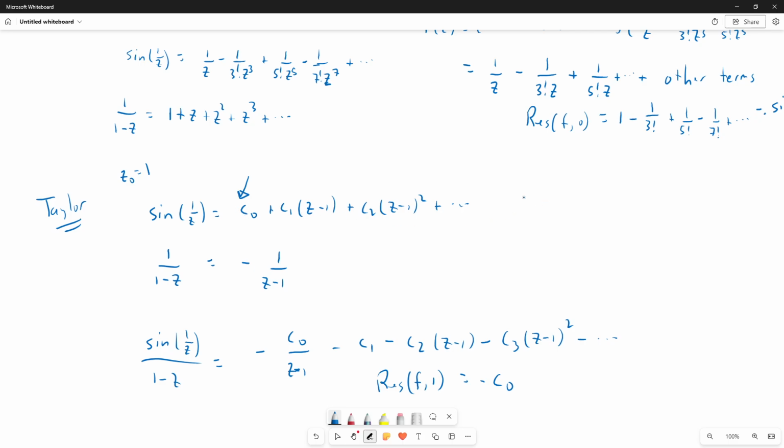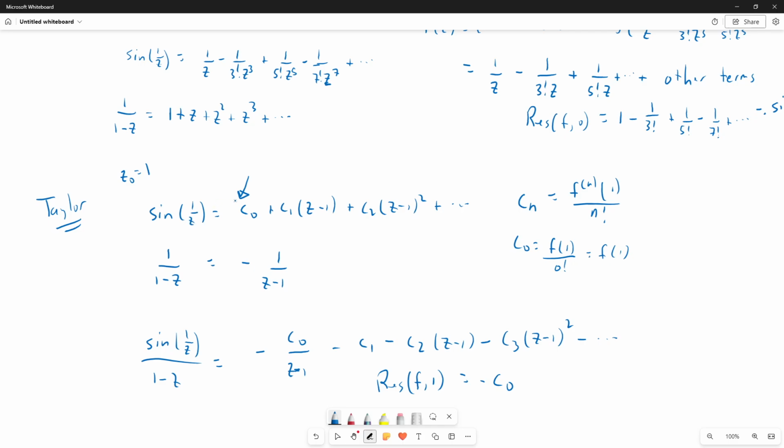So in general, in this Taylor series, the nth term is the nth derivative of our sine of 1 over z function at 1 divided by n factorial. So c0 is just f of 1 divided by 0 factorial. So it's just f of 1, and our function is the sine of 1 over z.